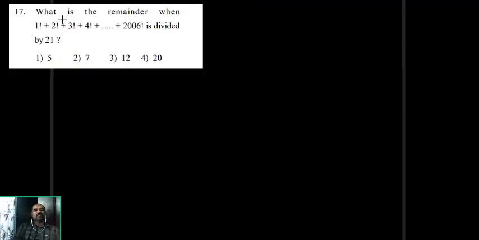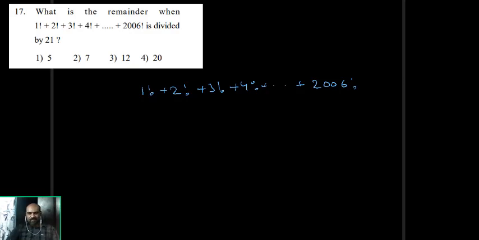Okay, next question. What is the remainder when 1 factorial plus 2 factorial plus 3 factorial plus 4 factorial and so on, plus 2006 factorial, is divided by 21? Easy problem.